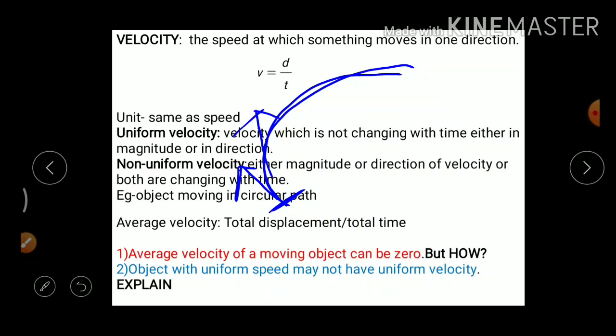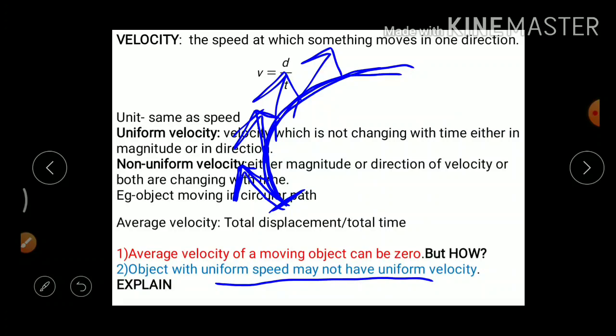But as it is changing its direction at every second, it cannot have uniform velocity. So it is the case of uniform speed but not uniform velocity. That means when an object moves in a circular path, it has uniform speed but not uniform velocity.